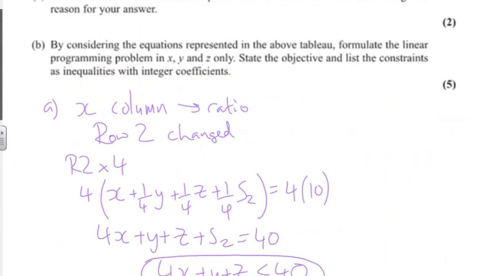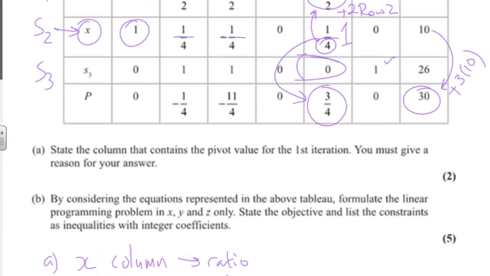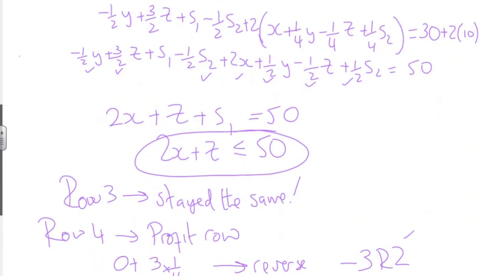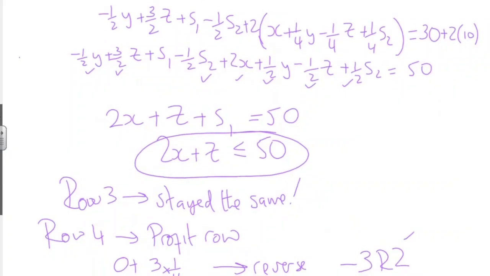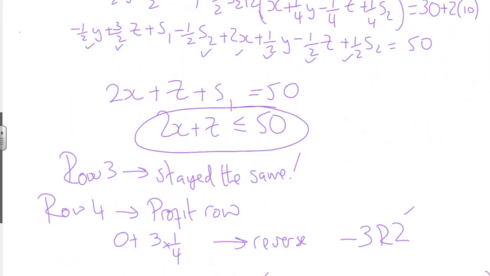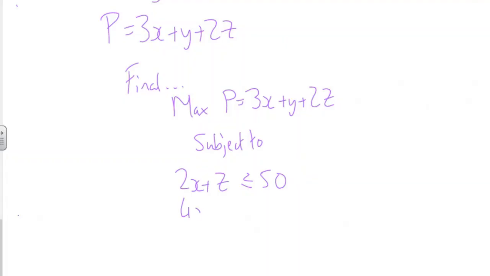Row two would have been, so row two's pivot, isn't it? No. Row two, that's my pivot. 4X plus Y plus Z less than or equal to 40, I think.